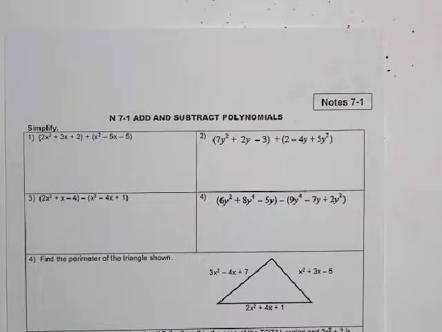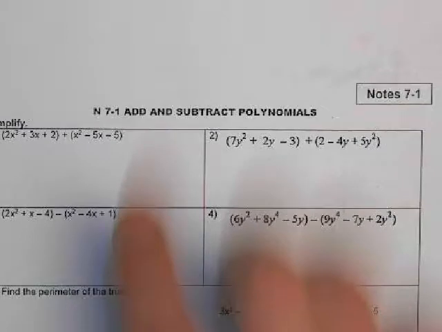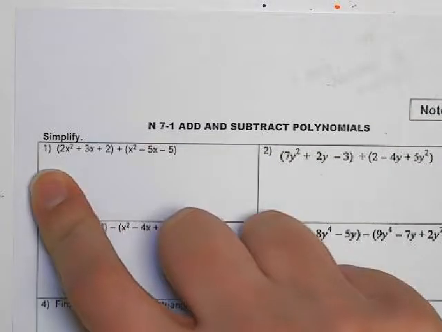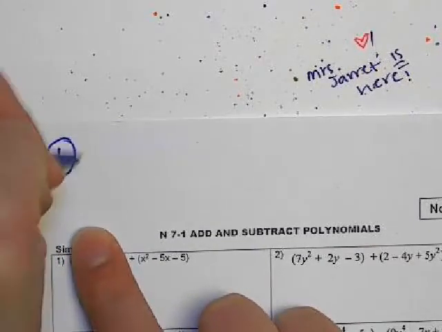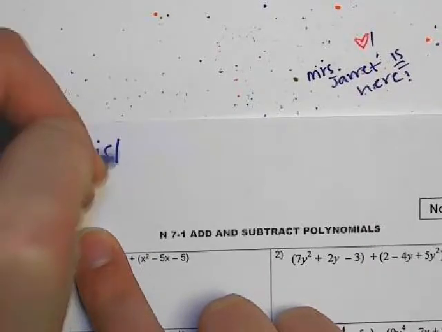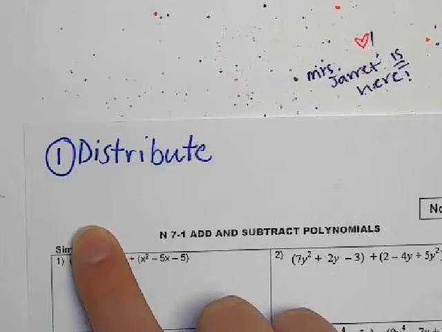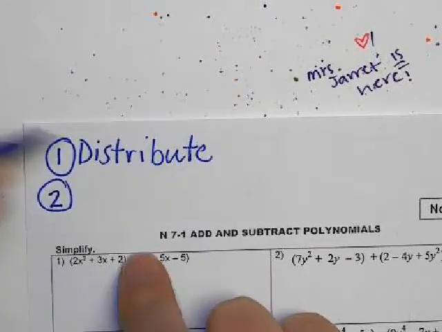Our directions say simplify. In order to simplify, step 1, I want you to write at the top: Step 1, we're going to distribute. Step 2, you guys told me, is combine like terms.